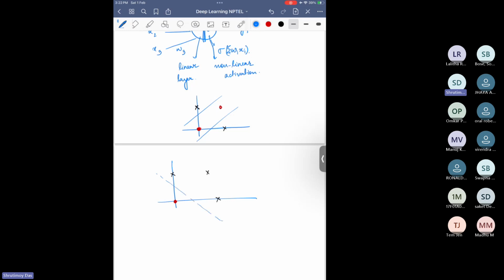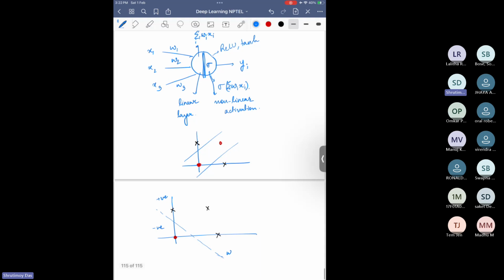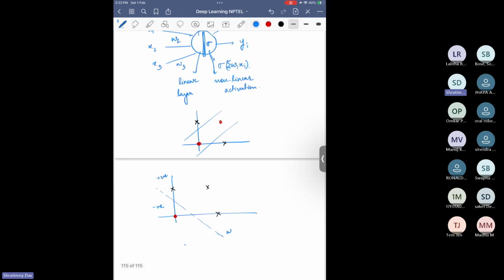You can learn some line, and then say this side is negative and this side is positive. Drawing a line means you're learning the slope of a line, just learning these w's. That can be achieved by one perceptron.